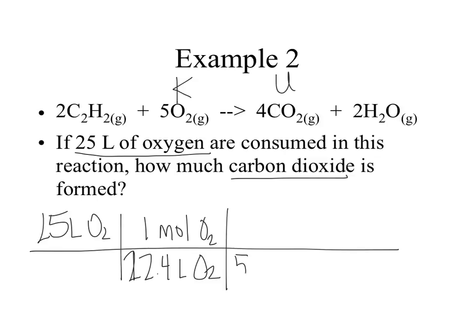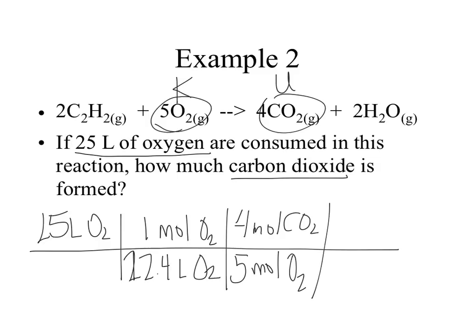So we've got 5 moles of O2 in our balanced reaction to 4 moles of CO2, but I don't want moles, so let's get moles into liters. 22.4 is our conversion factor. So we're going to do 25 times 1 times 4 times 22.4 divided by 22.4 times 5, and we end up with 20 liters of carbon dioxide.